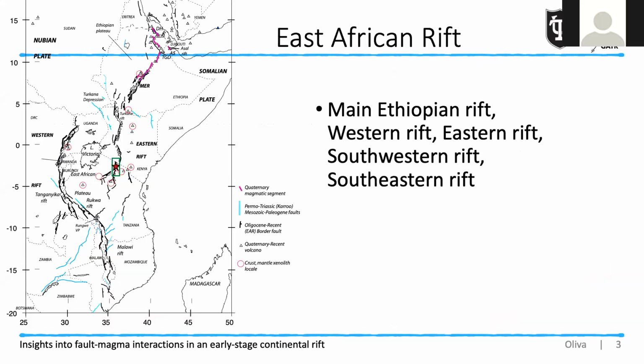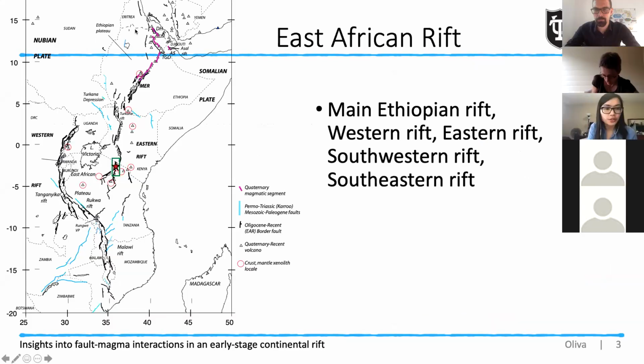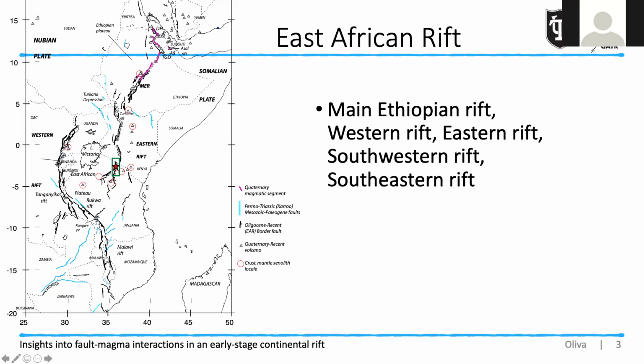So this is the East African Rift. We were here earlier around in Afar in the main Ethiopian Rift. It goes down to here, the Western Rift and the Eastern Rift, and actually continues down to a Southwestern Rift down to Botswana, and probably a Southeastern Rift here going down to Madagascar.